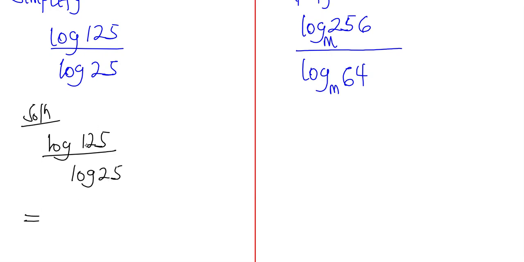Now 125 can be expressed as 5 exponent 3, which means 5 times 5 times 5 gives us 125. It implies logarithm of 5 exponent 3 divided by logarithm of 25, which can be expressed as 5 exponent 2. So you have logarithm of 5 exponent 2.